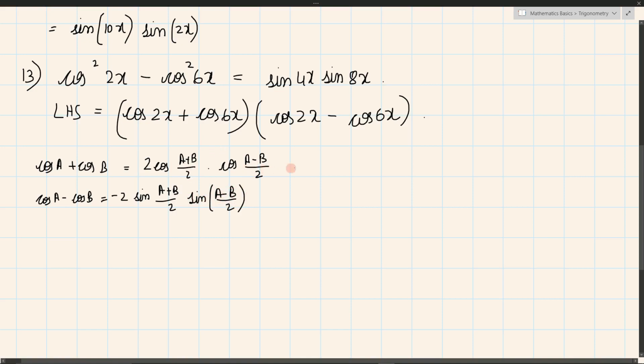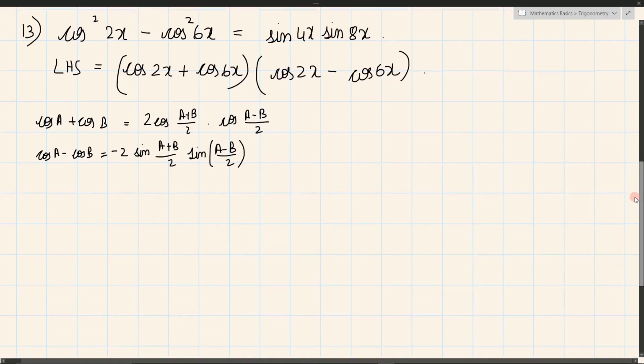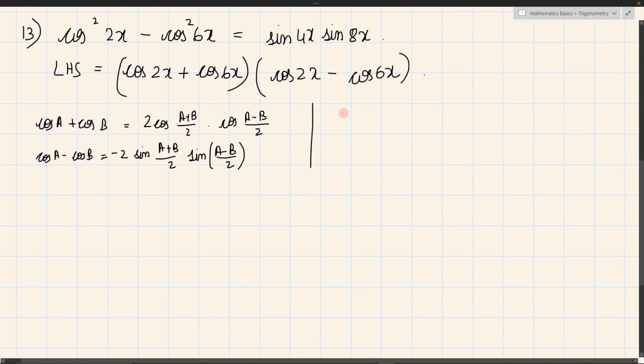Alright, so we have these two here. a is nothing but 2x, b is nothing but 6x. So LHS will be equal to 2 cos of (2 plus 6 is 8x) divided by 2, that is 4x, into cos of (2 minus 6 is minus 4x) divided by 2, that is minus 2x.